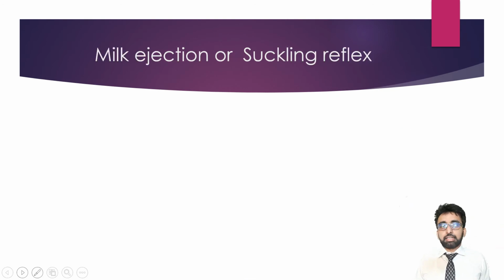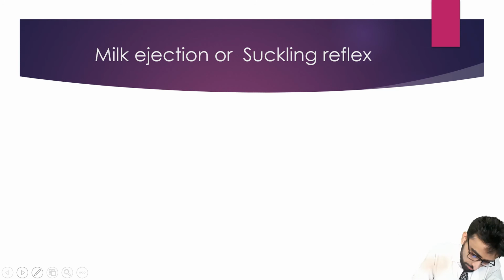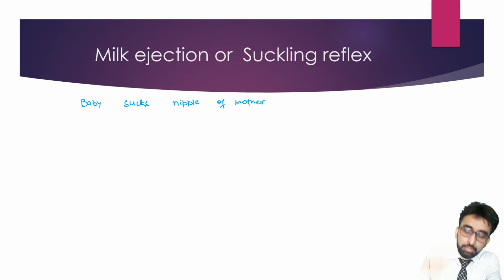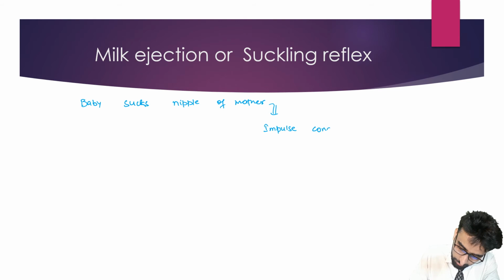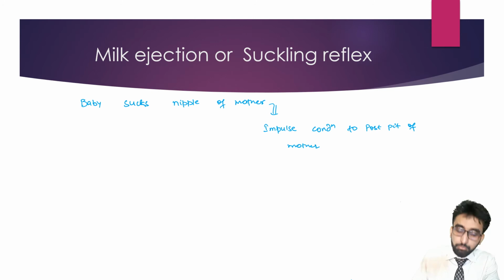Next we have milk ejection or suckling reflex. What is this milk ejection or suckling reflex? Whenever the baby sucks the nipple of the mother, it leads to a reflex, it leads to impulse conduction, where the impulse is carried to the posterior pituitary of the mother.